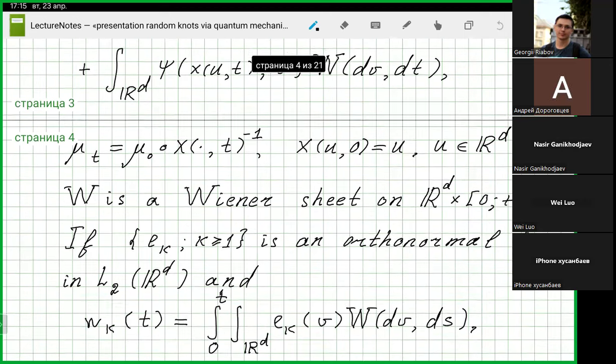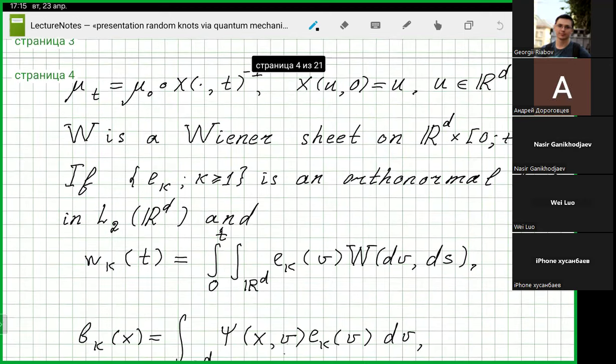Capital W can be viewed as a family of independent Wiener processes. We construct it as follows.